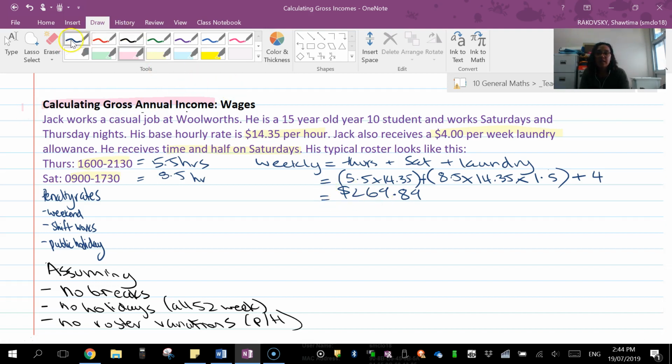Remember the question is asking us to calculate gross annual income. If this is weekly, we need to work out annual or yearly. So annual equals weekly times weeks in a year.